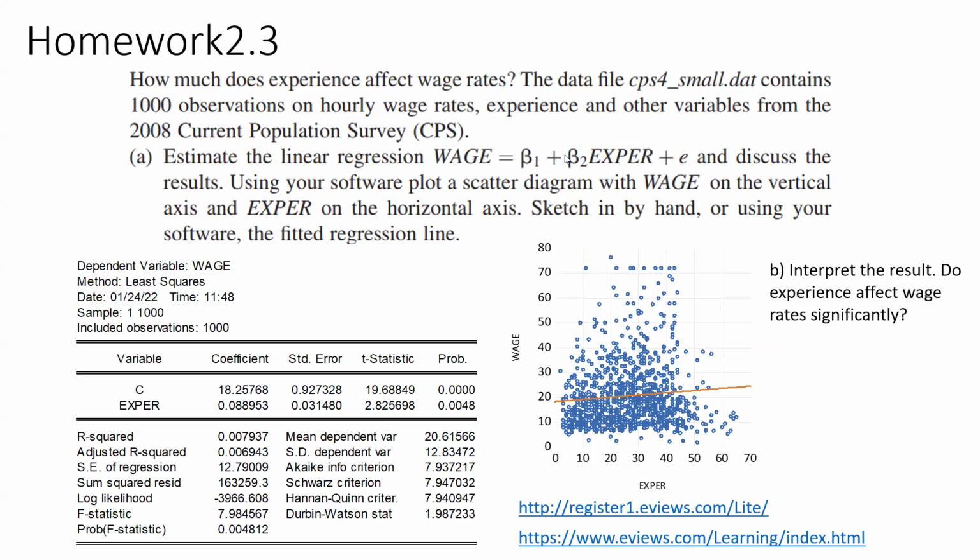The data has 1,000 observations on hourly wage, which depends on experience. So, the higher the experience, the higher the wage, or not. They plot the scatter diagram here, and this is the result.